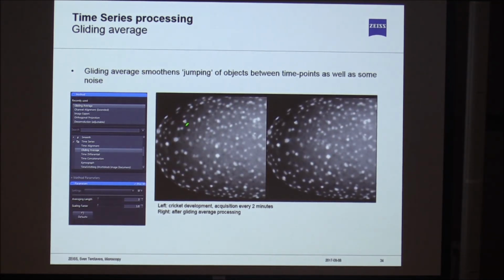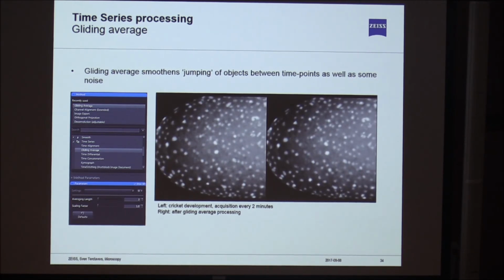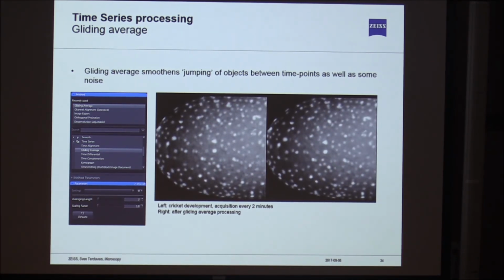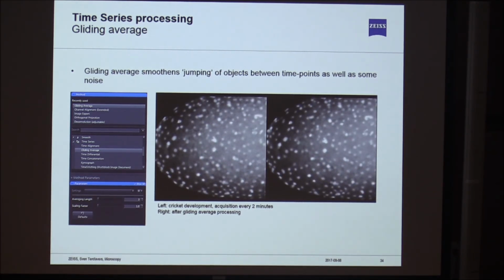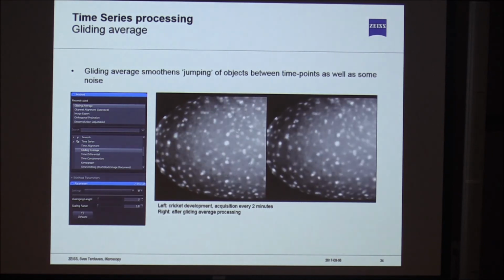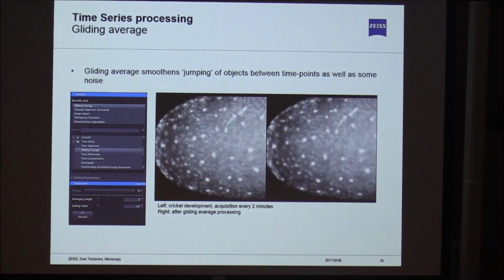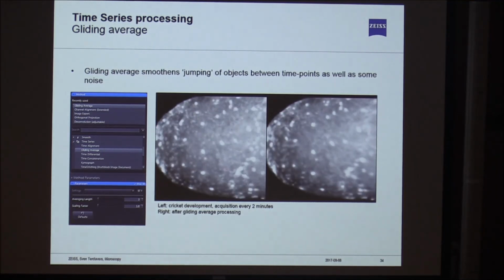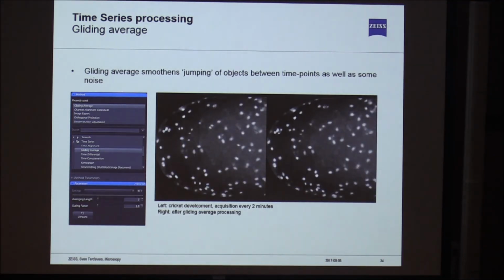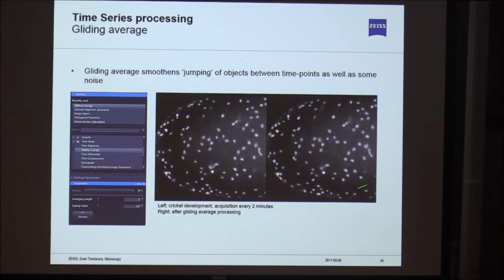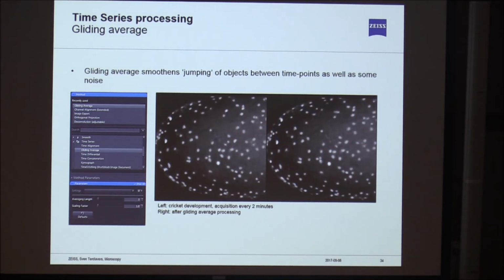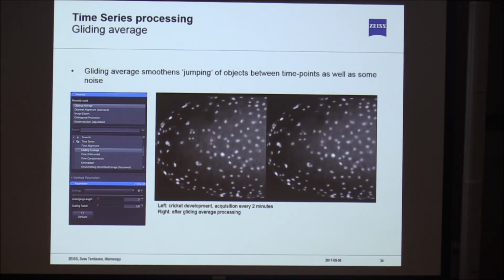Also, some of the cells that are moving around are jumping. Here, I took an average of 3 images. So in my time lapse, I will take 1 to 3, 2 to 4, 3 to 5, and so on, and calculate an average image of that, and then recreate again a time lapse.